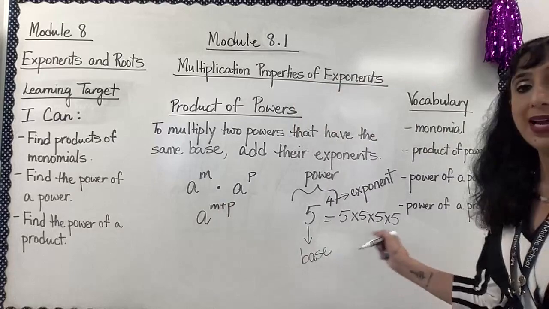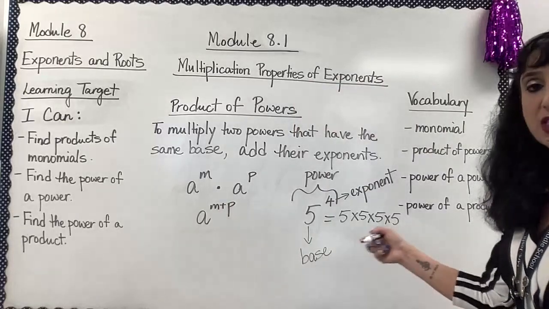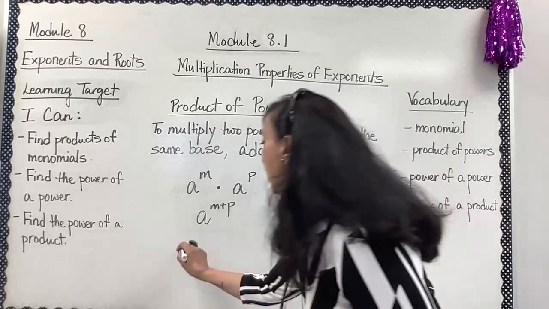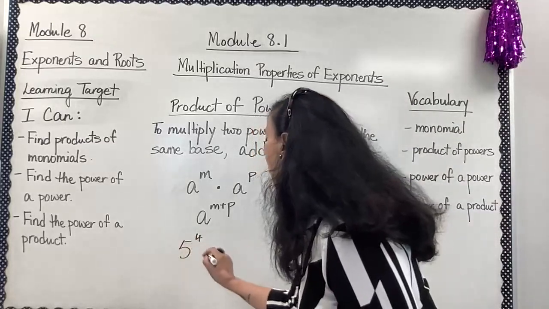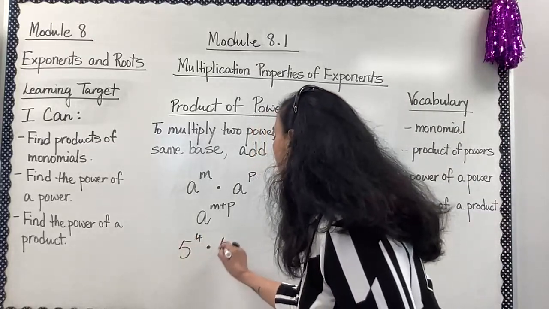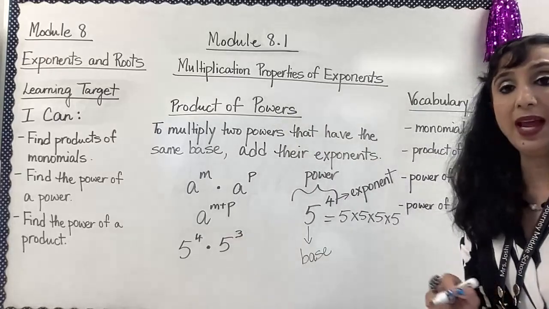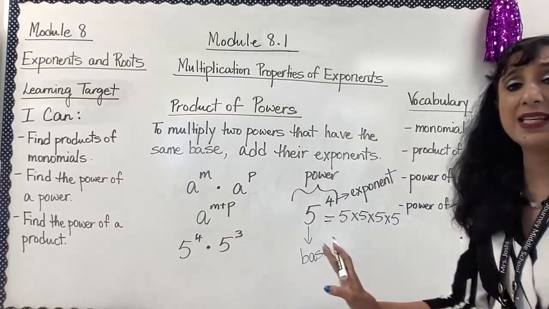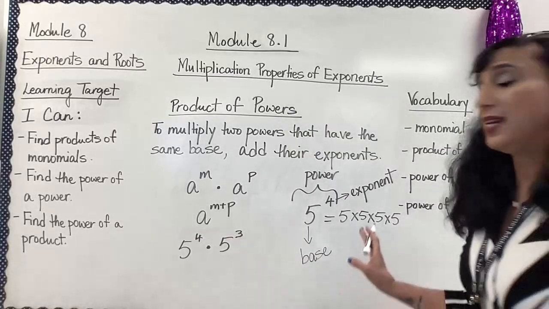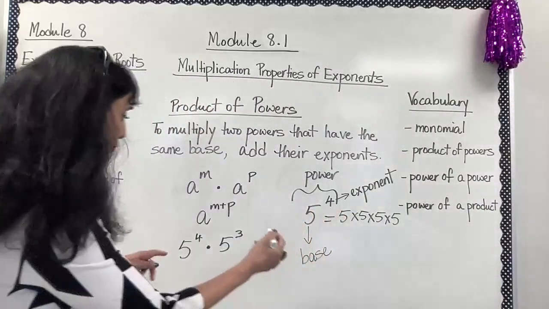Let's say I use what I have just written, and I say 5 to the 4th power times 5 cubed. What does this basically mean? I just showed you what 5 to the 4th power is.